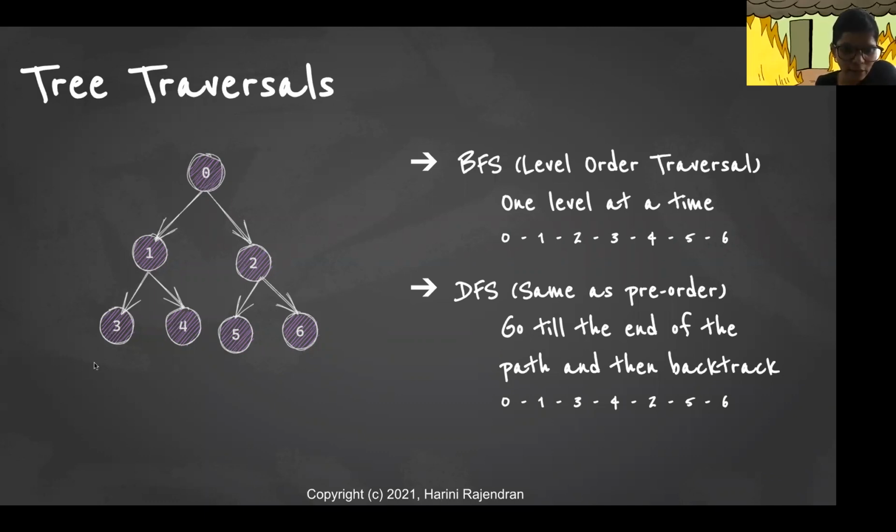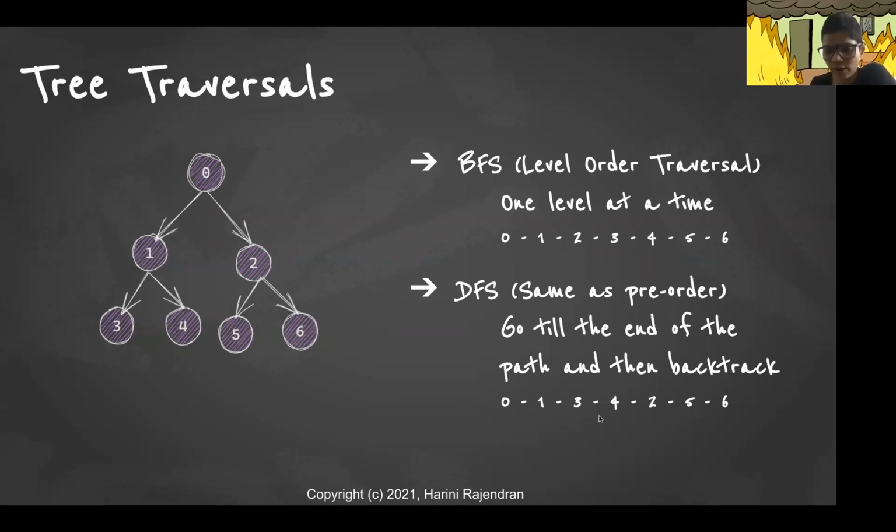And then there are no more nodes to go down further. So we backtrack and then find another path, 4. Then again, there are no nodes to go down further. So we backtrack and find another path, 2, 5, backtrack, 6. So 0, 1, 3, 4, 2, 5, 6. That is the depth first traversal of this particular tree.